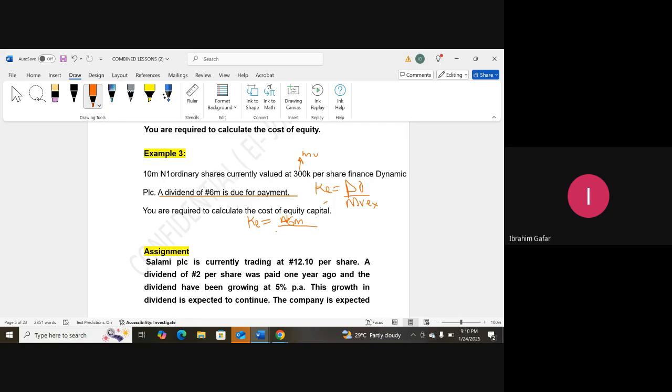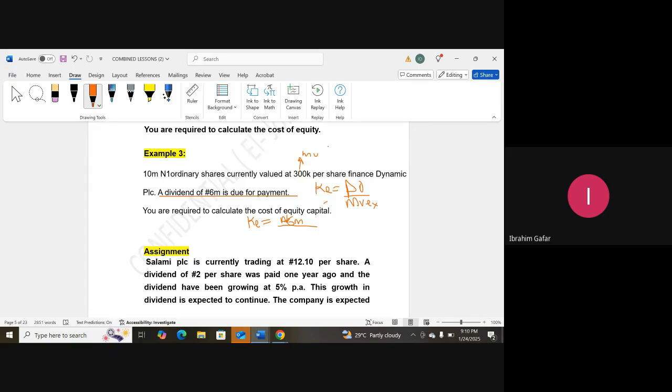How much is the market value? The market value is 300k per share. It means that 300 kobo. If you want to convert it to naira, 100 kobo is 1 naira.